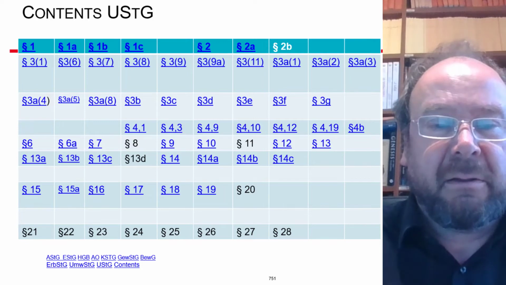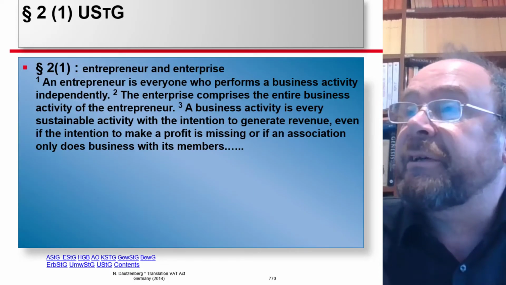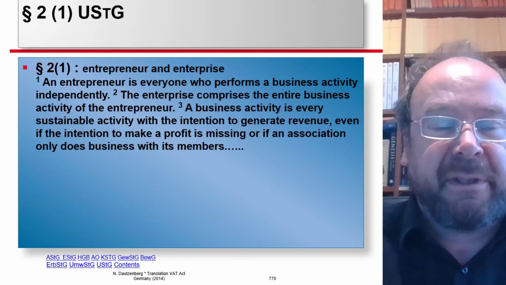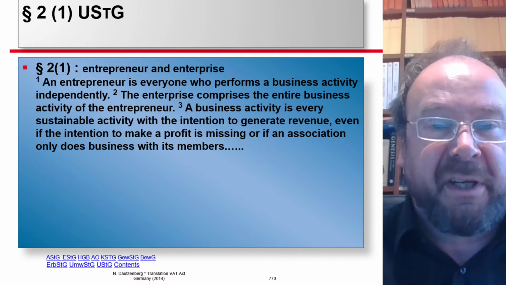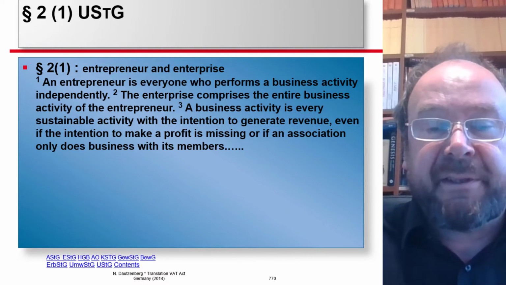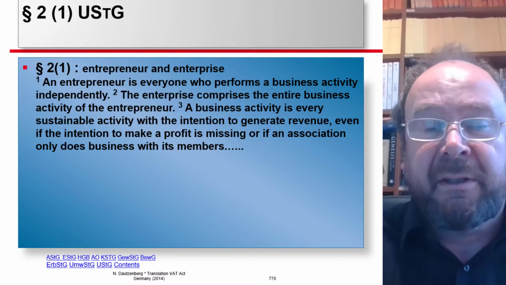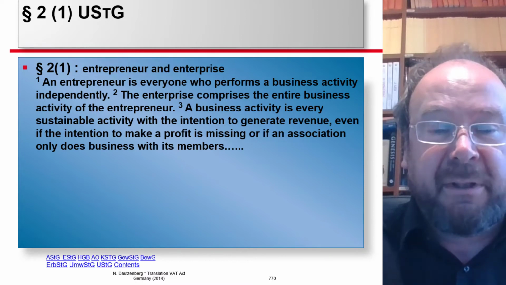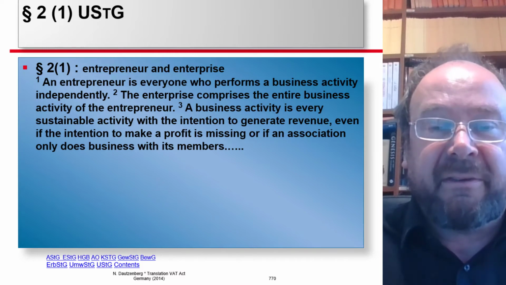Well, here let's look for paragraph 2. And here we have it. The entrepreneur is everyone who performs a business activity independently, so without a boss, on his own behalf and in his own name. And sentence 3 says a business activity is every sustainable activity, so sustainable on a constant basis, with the intention to generate revenue.